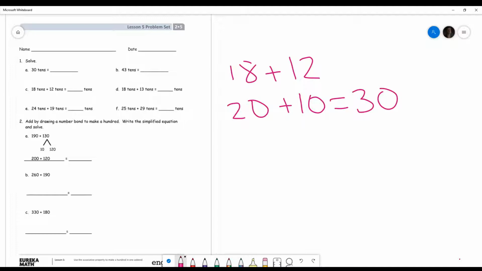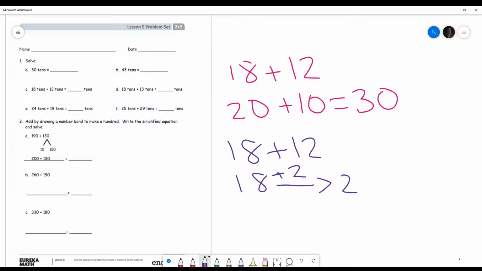Another way you could do this is the arrow way. 18 plus 12. So you take your 18. I'm going to make 18 into a nice round number, so I'm going to take 8, I'm going to add 2. And I know 8 plus 2 is 10. So now I have 2 tens, that equals 20.